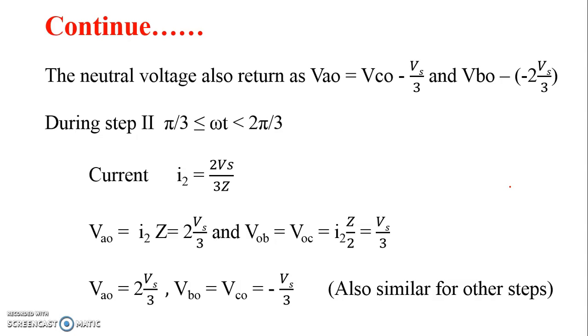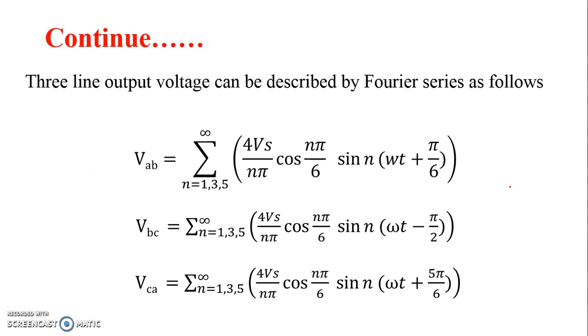So the values of VA naught, VB naught, VC naught can be calculated for each step by using the equivalent circuit. From that, all 3 line output voltages can be described by using a Fourier series.